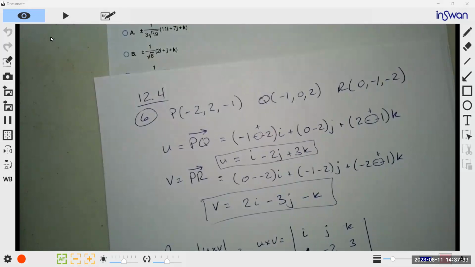Now minus -1, so it's -1j minus 9i minus -4k.